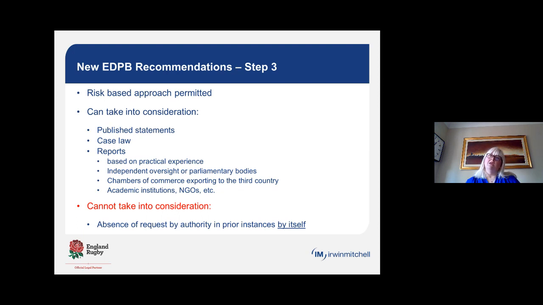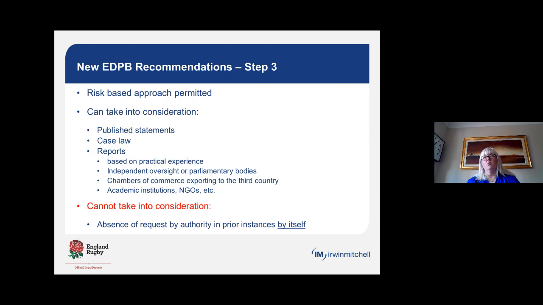What they're very keen on is that they are publicly available sources of information which are objective rather than too subjective. So what they've said is sources should be relevant, objective, reliable, verifiable and publicly available to carry out this analysis.